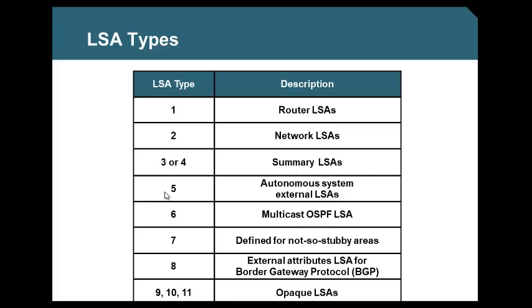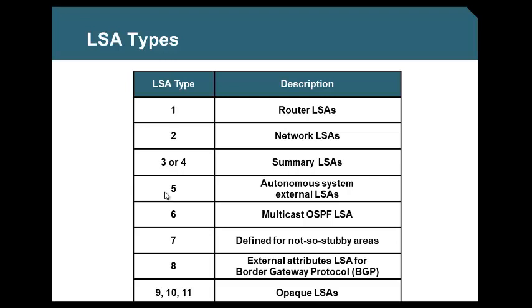But still the name is going to be summary LSA, whether you summarize or not. If you summarize, it is good. Even if you don't, this LSA will still be called summary LSA, because it comes from the place where summarization is done.